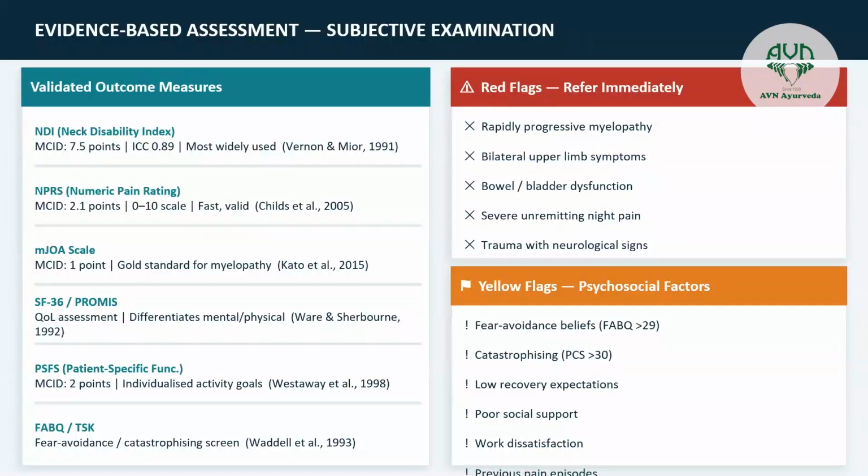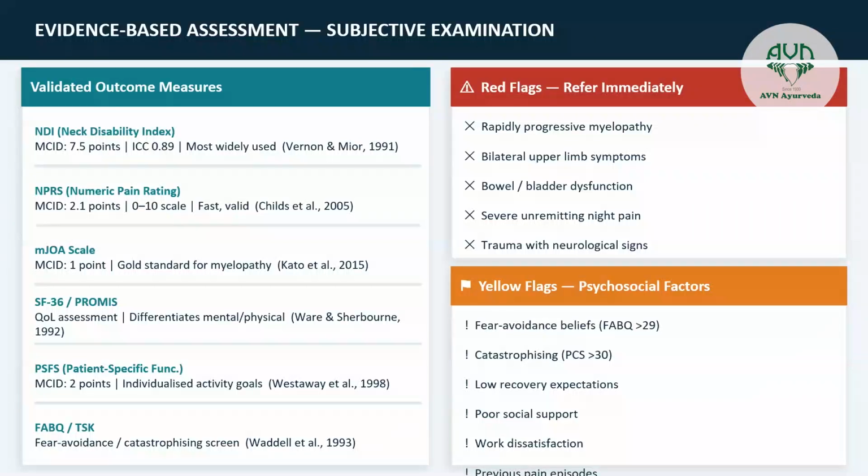It has a very good grade in pointing out which functional parameters are affected for the person. All these outcome measures can be used pre and post for a better review and progression of the patient, as well as to chart further treatment protocol.